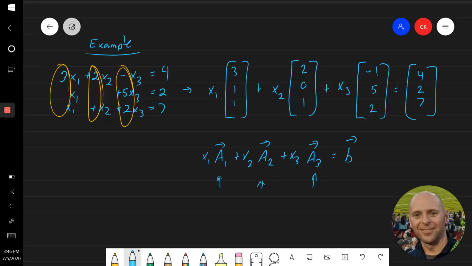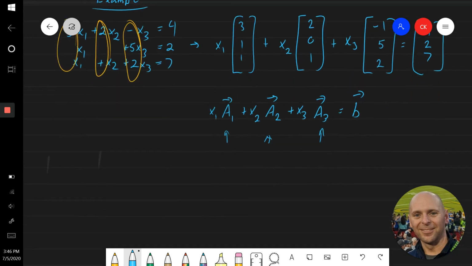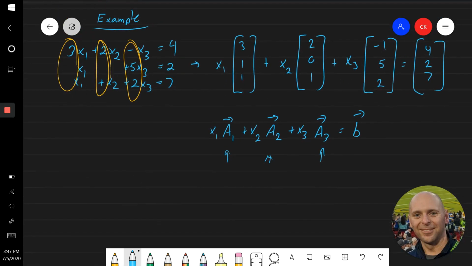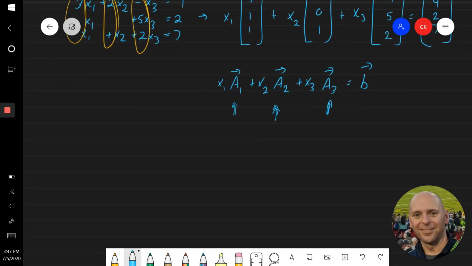In general, a system of equations can be represented in this form, where a1 through an are the column vectors of the coefficient matrix A, which we did here. We extracted those out. So we see that we get these three column vectors here. And I guess I'll just throw in one additional piece here, which is that now that we have our form Ax equals b, it implies the following equivalence.